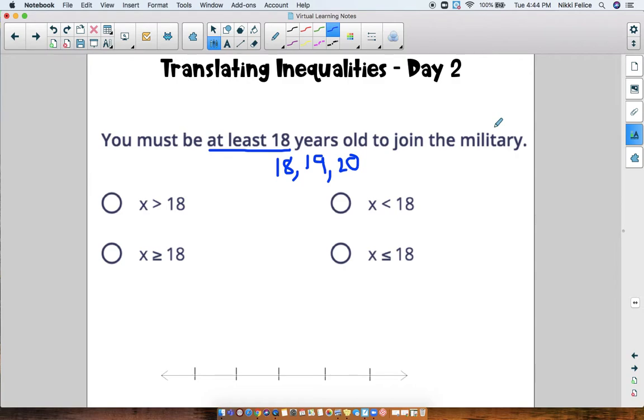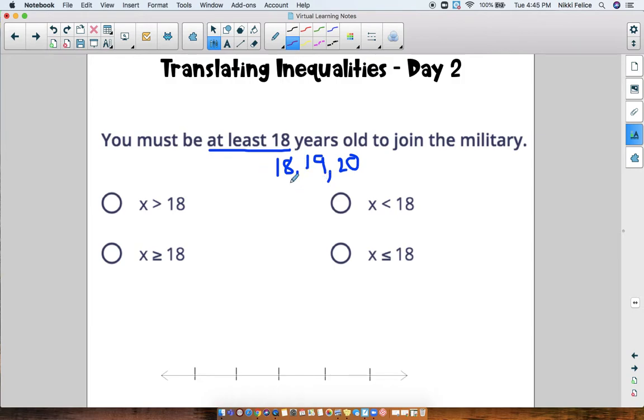That would be bad. So when you're looking for the correct inequality, you are the variable. Pretend you're the variable. So you are X. Now, what kind of numbers do we want for X? Well, first of all, let's decide, can we include 18 in our answer, or can we not include it?